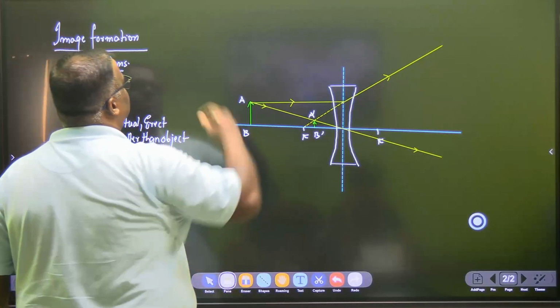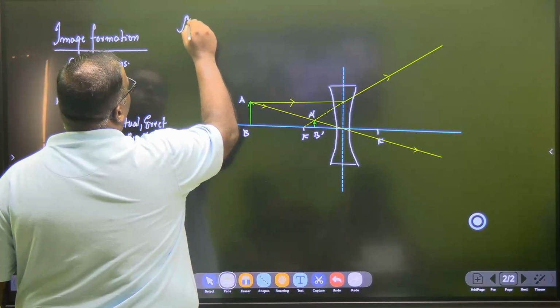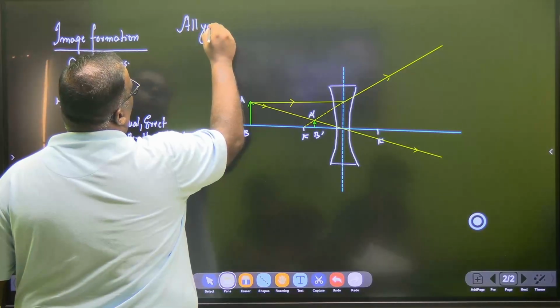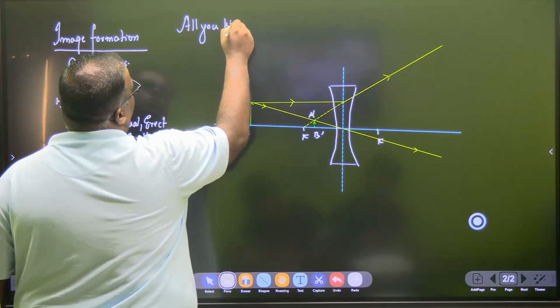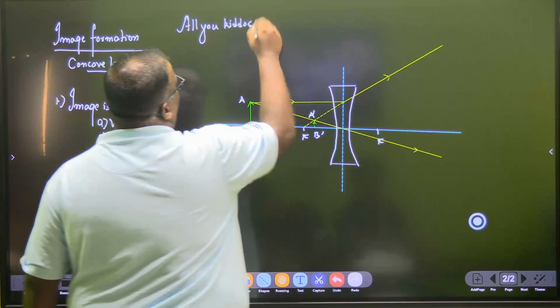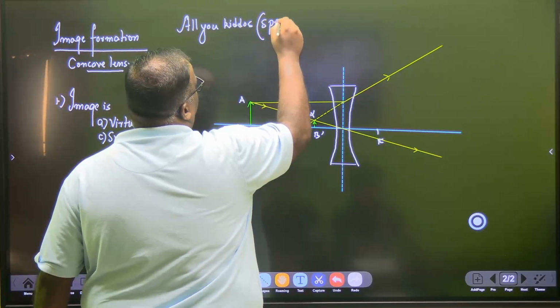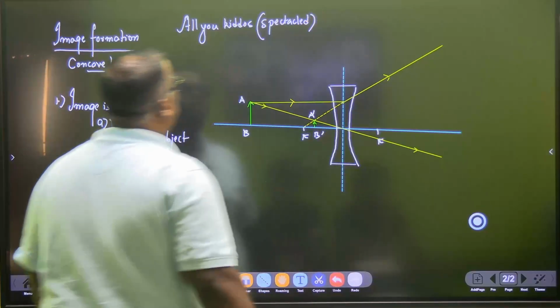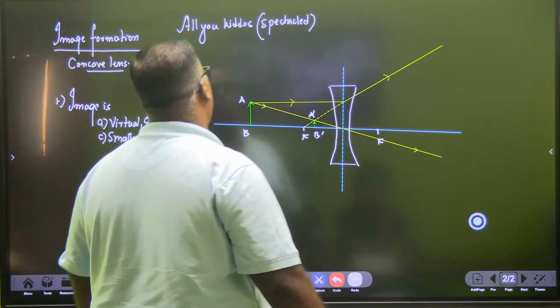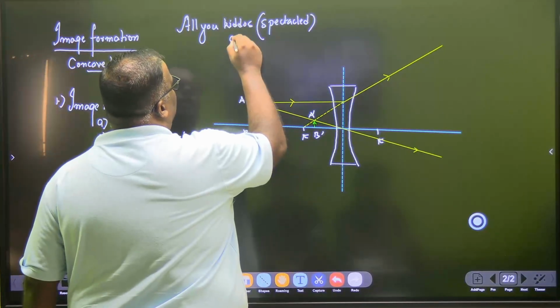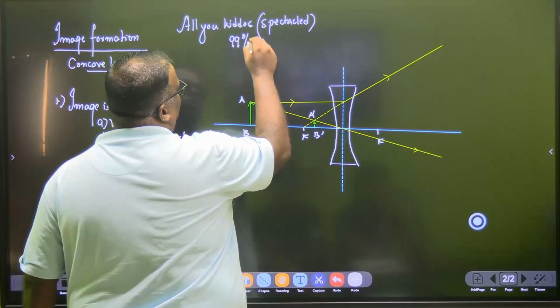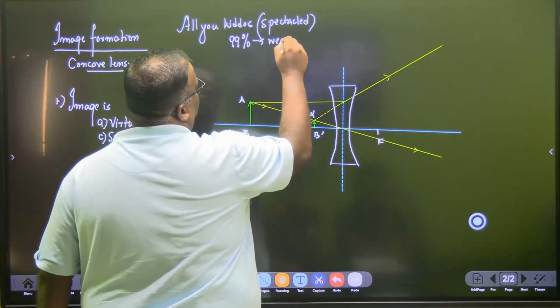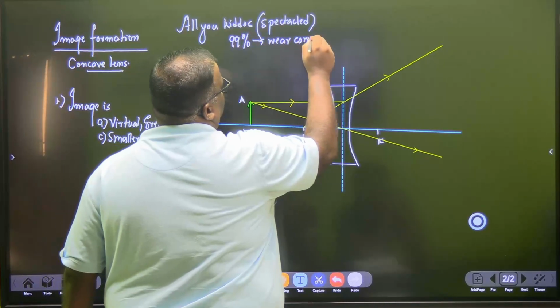Some common sense. All you kiddos who are spectacled, and it is not only you in my class, your friends, anyone in this universe, 99% of you wear convex lens.